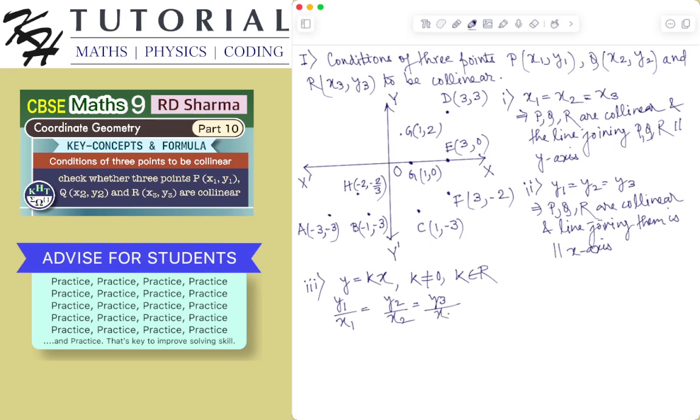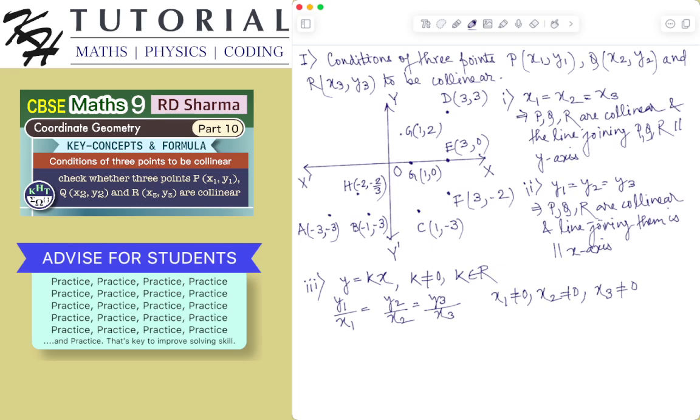But remember that you will check only when x1 is not equal to 0, x2 is not equal to 0 and x3 is not equal to 0. For the points P, Q, R, if their abscissae are all non-zero, then you can check this condition.